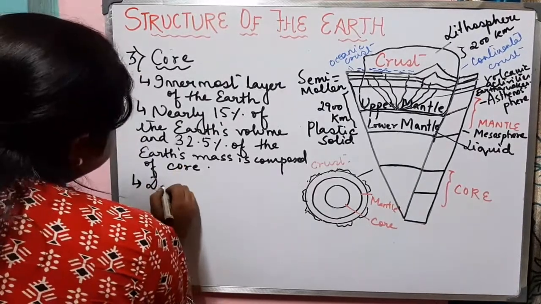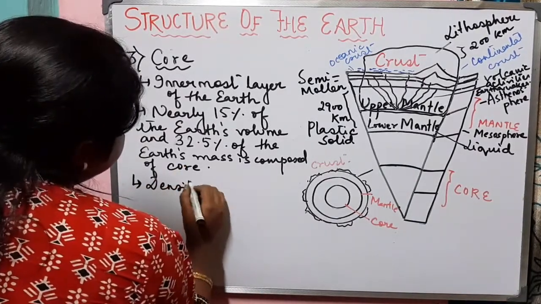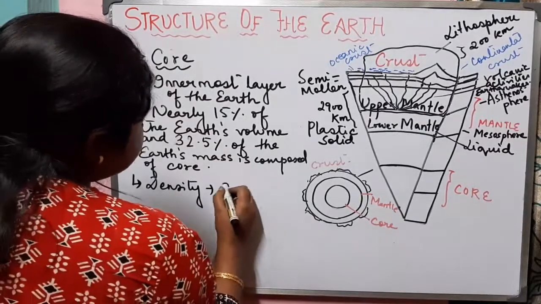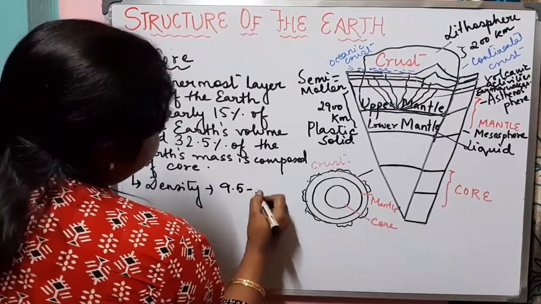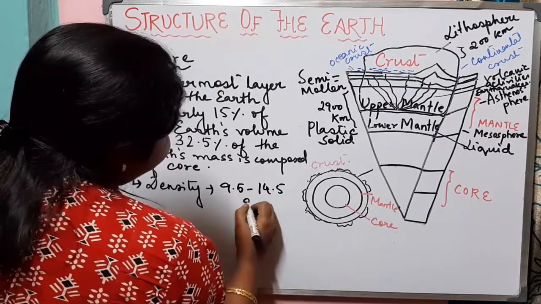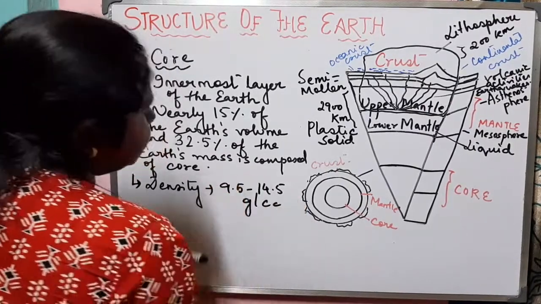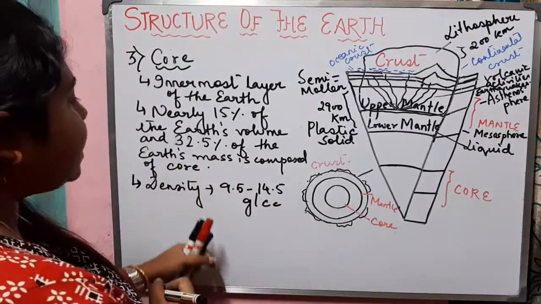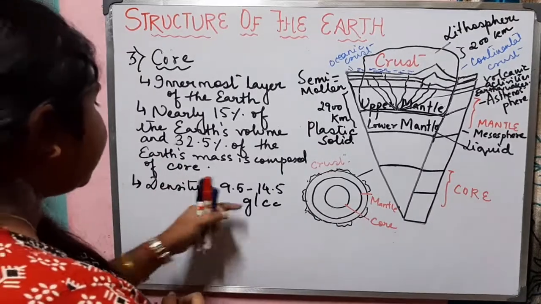Now, in terms of density, the density of core is 9.5 to 14.5 gram per cubic centimeter. So the core is the layer with the highest density.